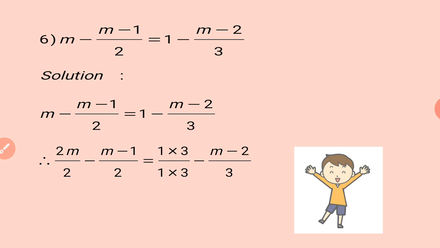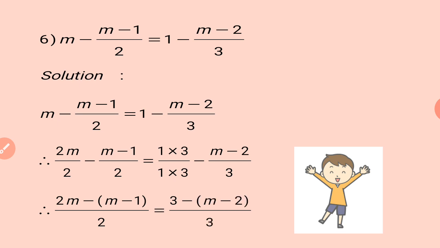On the left hand side, the LCM comes out to be 2 and on the right hand side, the LCM comes out to be 3. So we have done the proper arrangement and multiplied the numerator and denominator in such a way that we get the left hand side denominator to be 2 and on the right hand side we get the denominator as 3.